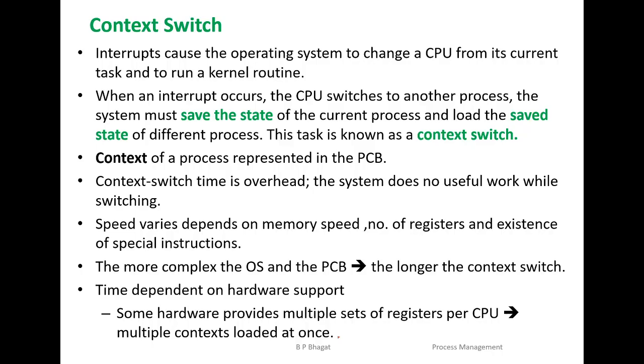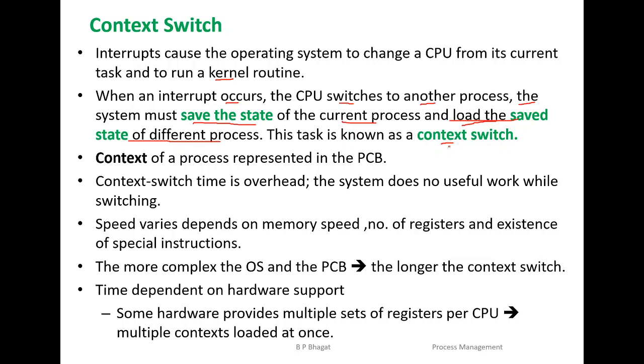Now let us see about the context switch. Interrupts cause the operating system to change a CPU from its current task and to run a kernel routine. So when an interrupt occurs, the CPU switches to another process. When this happens, the system must save the state of the current process and load the saved state of a different process, and this task is known as context switch.